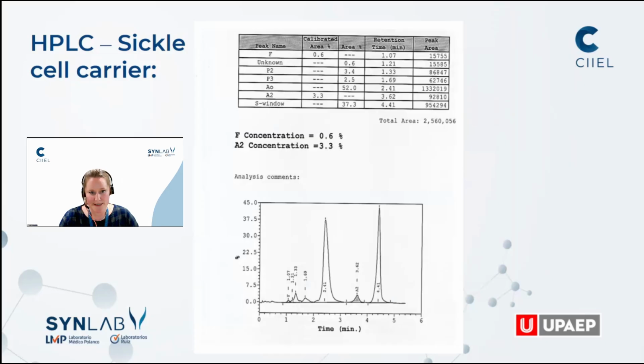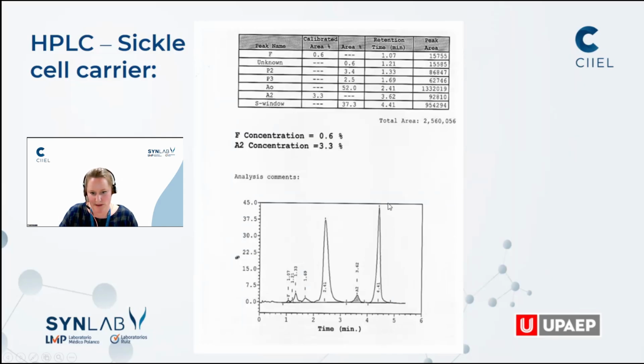And then this is an example of a HPLC plot from a sickle cell carrier. Again, you've got your hemoglobin A in the middle here, but then you've got another large peak at a retention time of about 4.4 minutes, which is your hemoglobin S window.